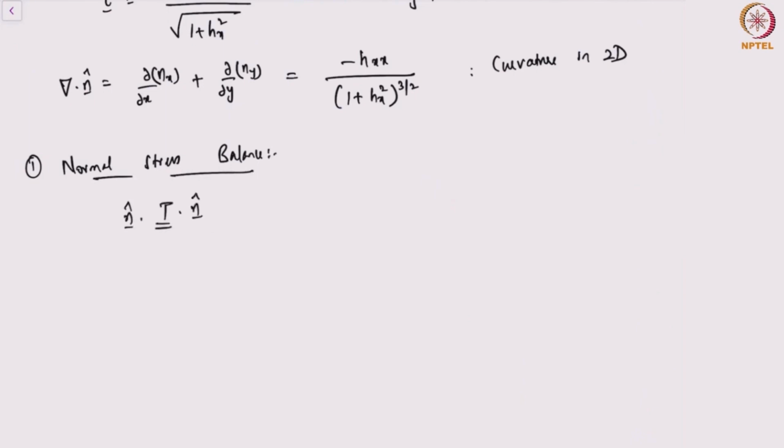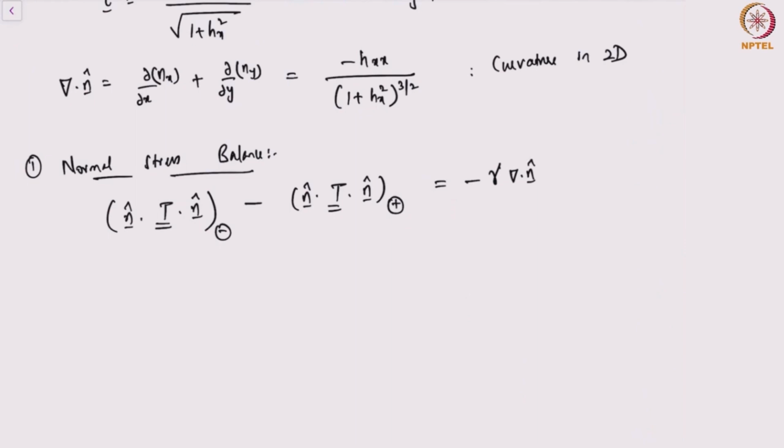For students who may not be familiar with this, please go back to the lecture a few weeks ago where we derived the jump conditions at an interface. So n dot T dot n minus n dot T dot n plus, where plus and minus refer to either side of the interface, is equal to minus gamma times del dot n.